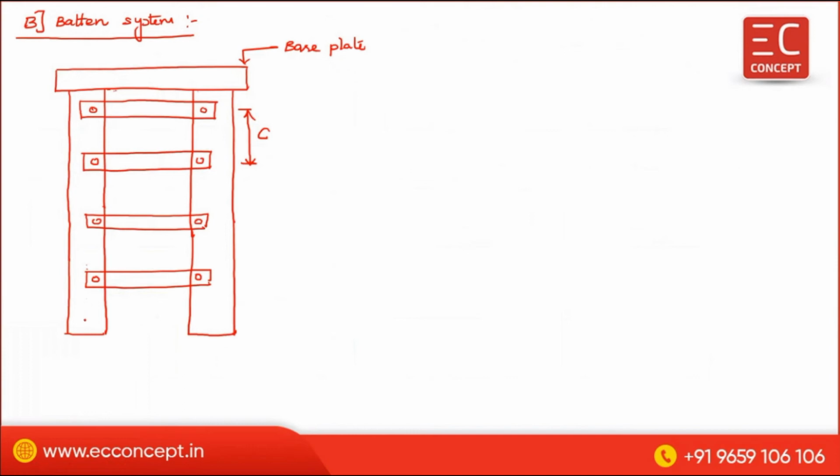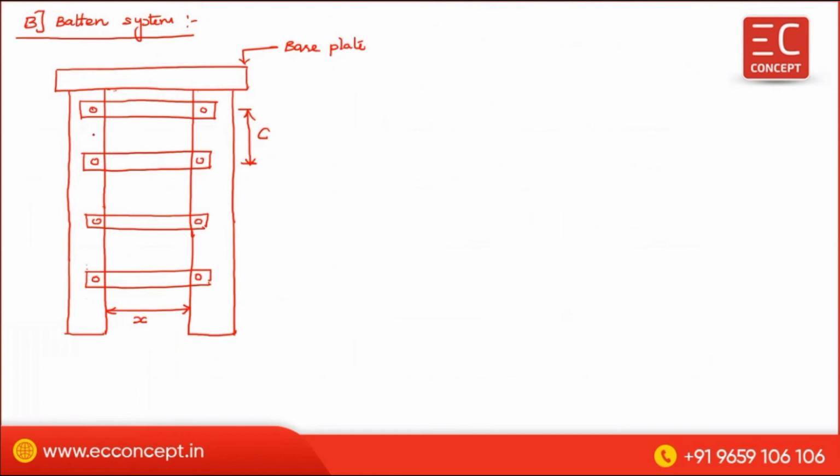Okay. Now, X is the clear spacing between the column component. So, from this to this distance is the clear spacing between the column. Okay.